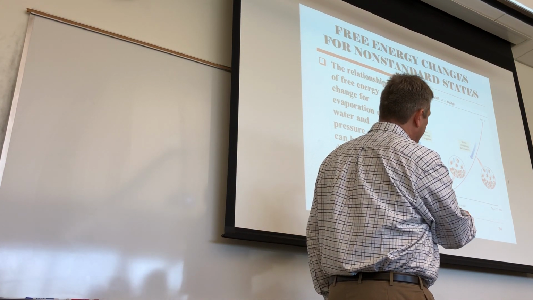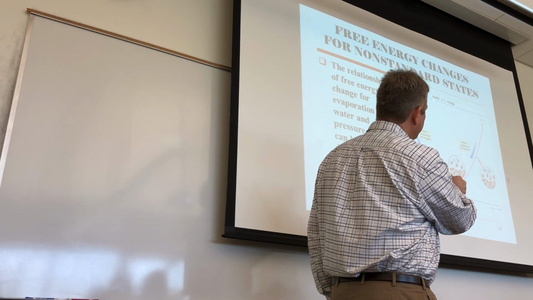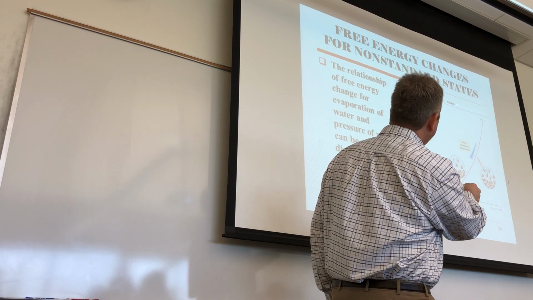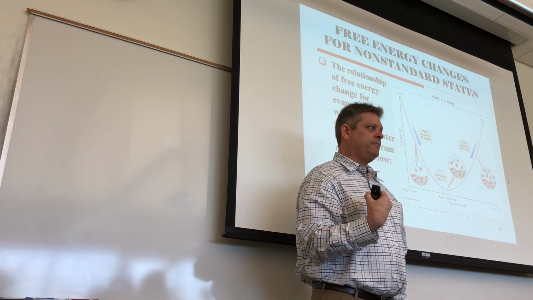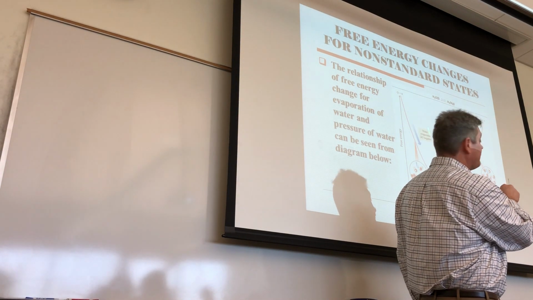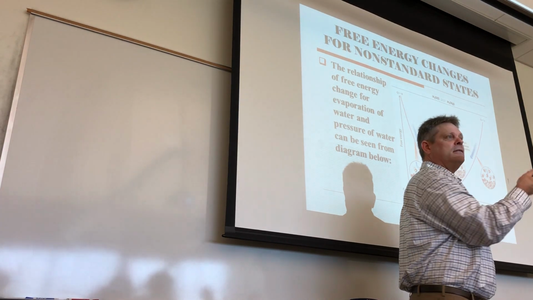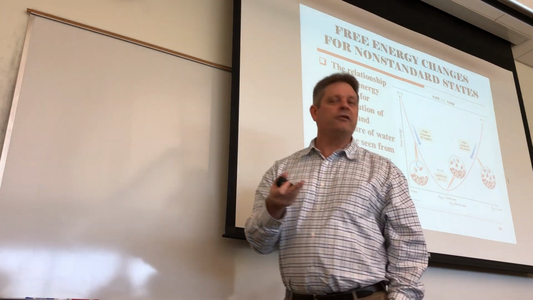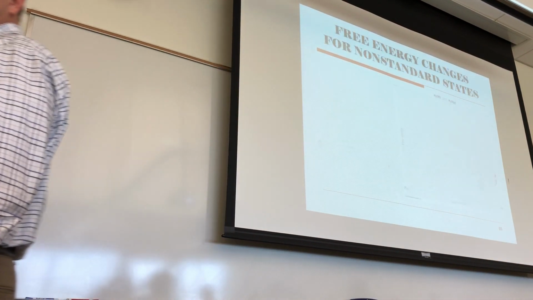If I'm somewhere over here, then it'd be non-spontaneous going in this direction, but spontaneous going in the reverse direction. Okay, everybody see that? Which also changes the K here if I were to reverse that, right? Because now it's 1 over that. Okay, just to keep that in context. So that's what that chart's showing.